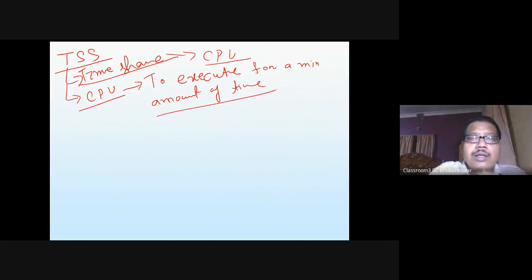Allow the CPU to execute for a minimum amount of time. This minimum amount of time is called the time slice.